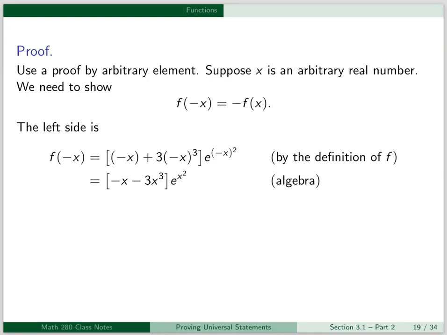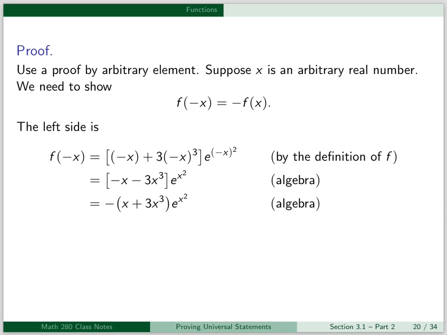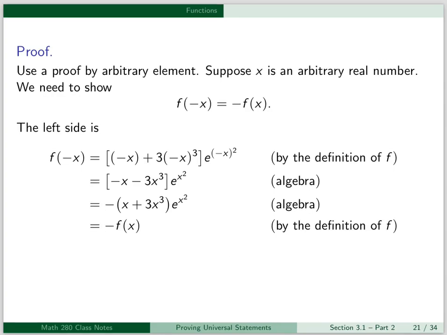So minus x quantity cubed is just minus x cubed, and minus x quantity squared is just x squared. And now we have a common factor of minus 1 in the two terms in the brackets, which we can pull out, and this becomes minus the quantity x plus 3x cubed times e to the x squared. And we recognize that this is minus f of x, again from the formula for our function f.